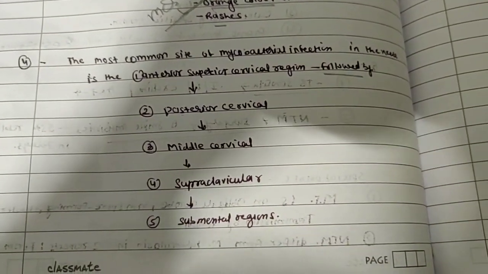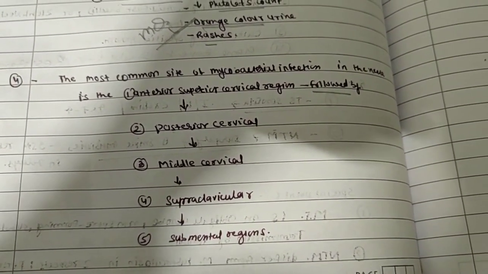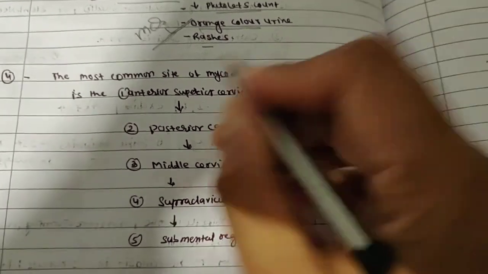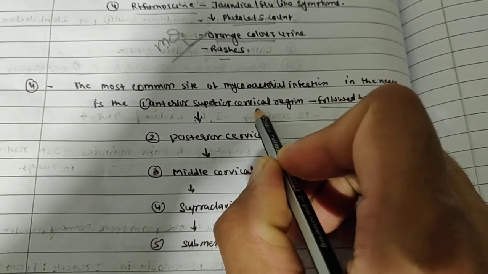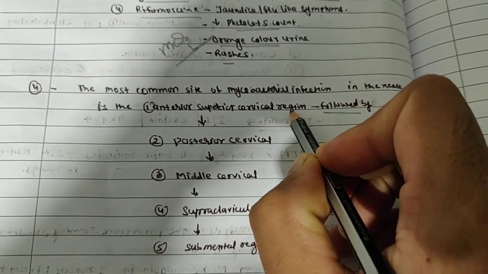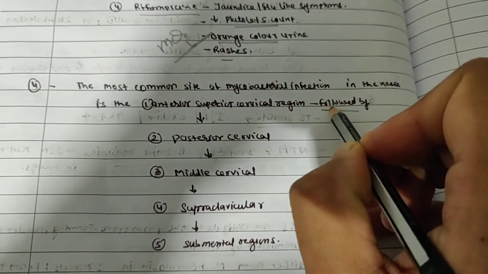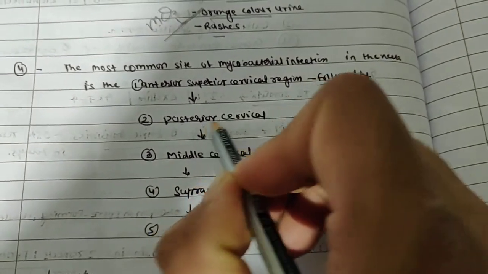The most common site of mycobacterial infection in the neck is the anterior superior cervical lymph node, the jugulo-omohyoid, second-level nodes, followed by the posterior cervical.